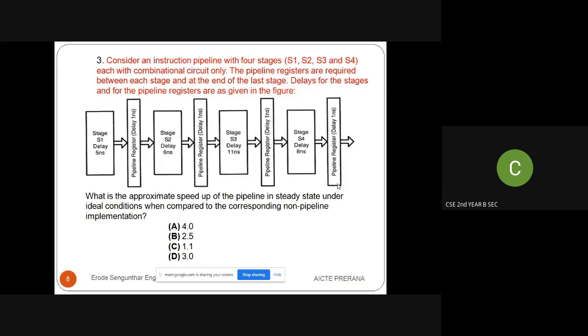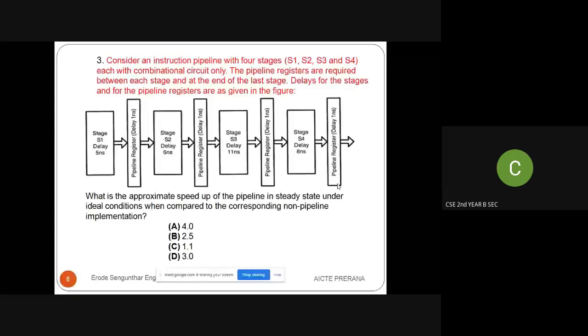So what is the approximate speed up? They are asking us to compare how the speed up will be carried out between pipelined and non-pipelined implementation. The question is very simple.